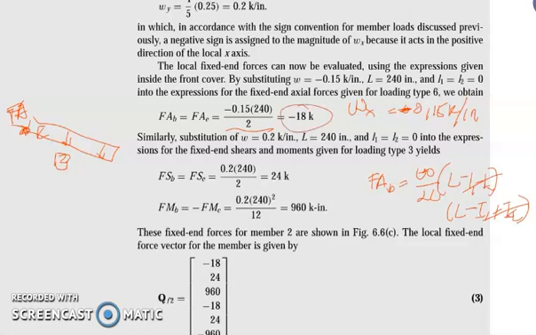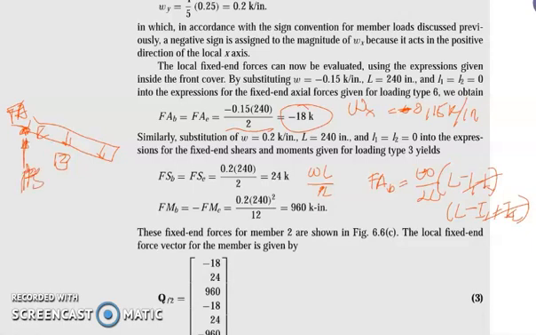Now for our shear force at the beginning and at the end of the member, we have to make use again of the formula from our table, which is WL all over 2. We simply have to substitute. The axial force was acting in the horizontal direction, so this is our shear force rather.